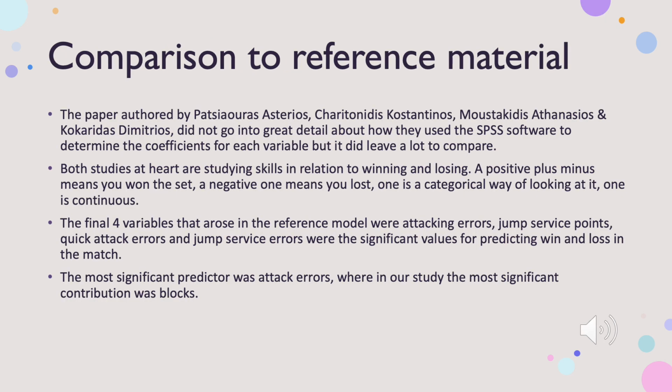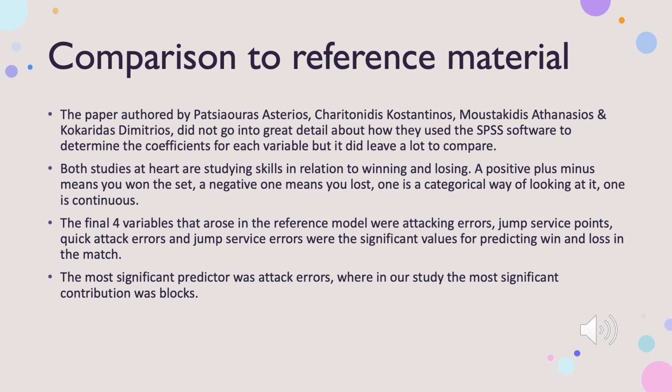When we think back to the reference paper that we talked about in the very first slide, one thing to note is that it did not go into great detail about how they used the SPSS software to determine the coefficients for each variable, but it did leave a lot to compare. Both studies at heart are studying skills in relation to winning and losing. A positive plus-minus means you won the set, a negative one means you lost.